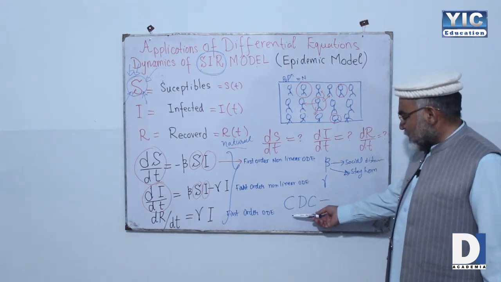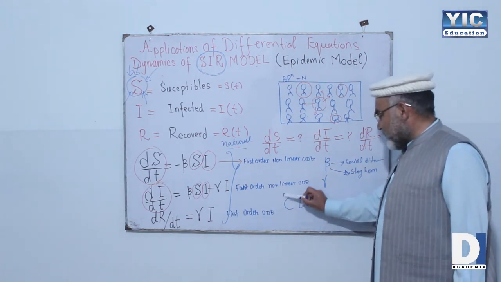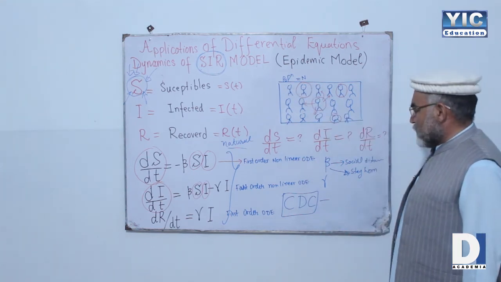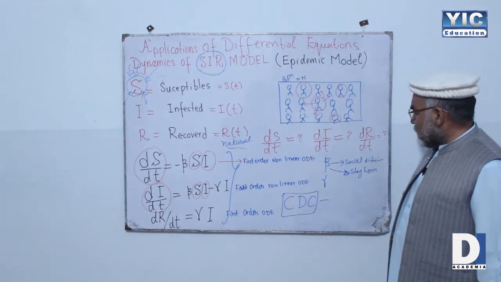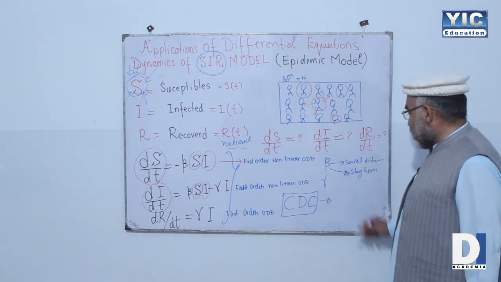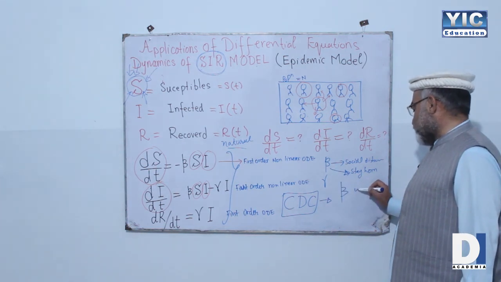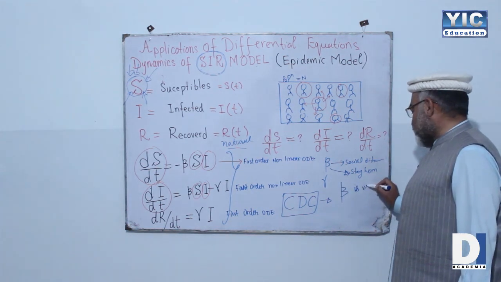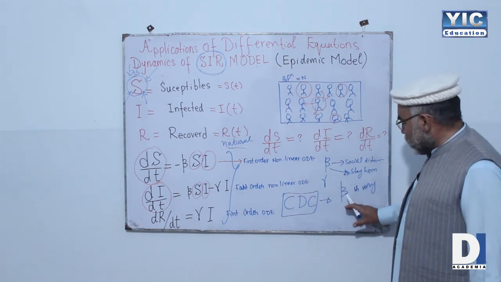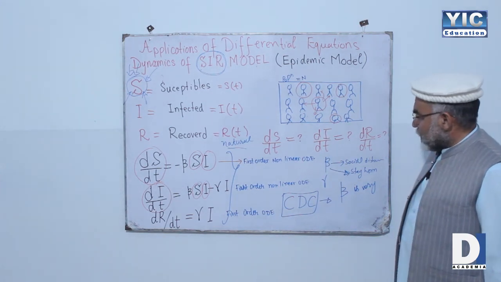CDC is the Center for Disease Control in the United States. It gives very accurate data for such a population model, and they are working on this parameter. In fact, in the current situation, beta is very high.